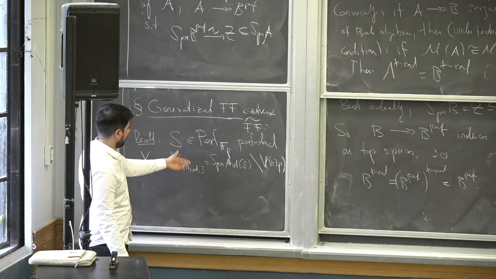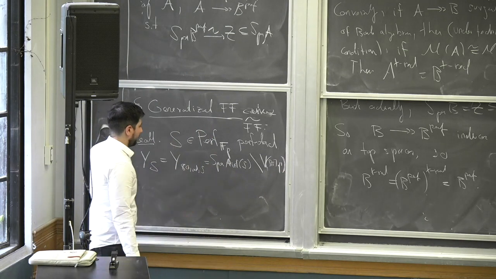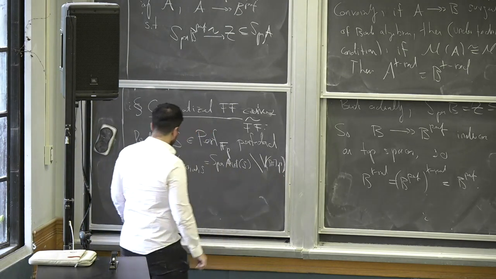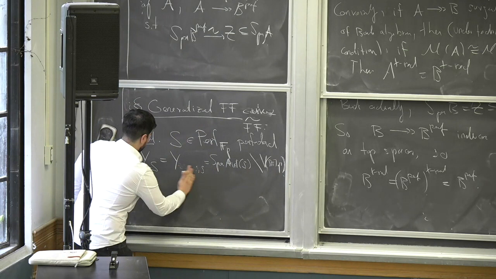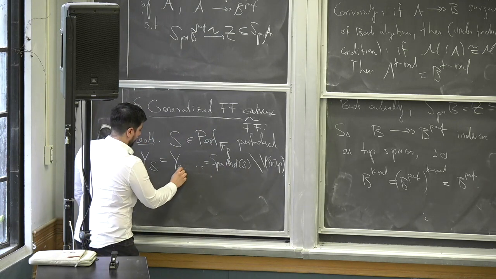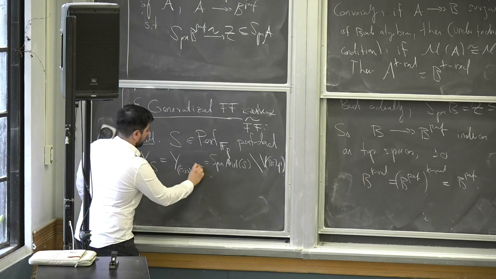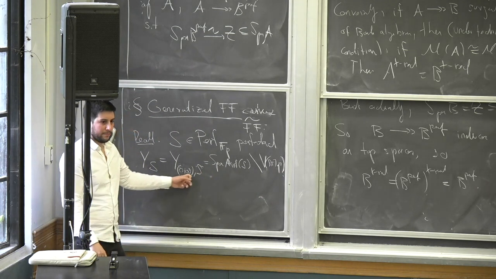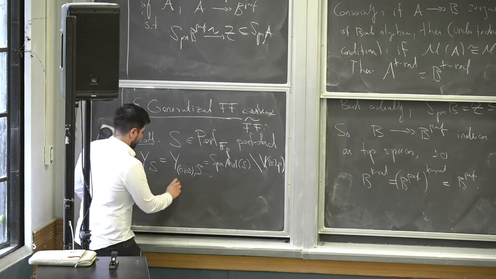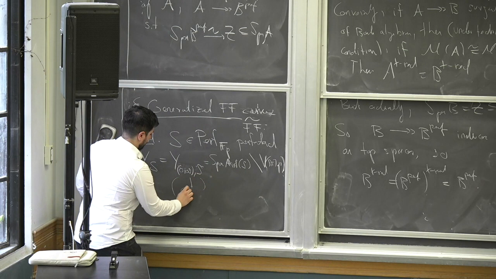You can define this locally for affinoids, and then you just glue it together. This is just Y of S, and this one is just the interval where it maps to.